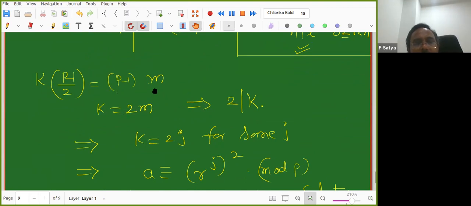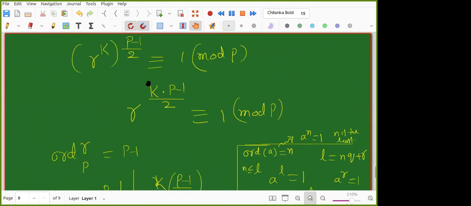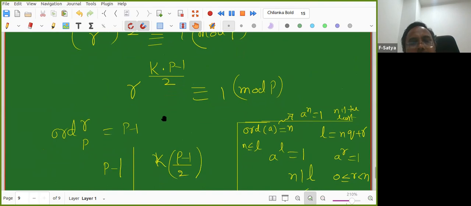From this also we get it. Whatever it is, I'm not assuming what k is. Good question actually. It is very interesting, reasonable to object.